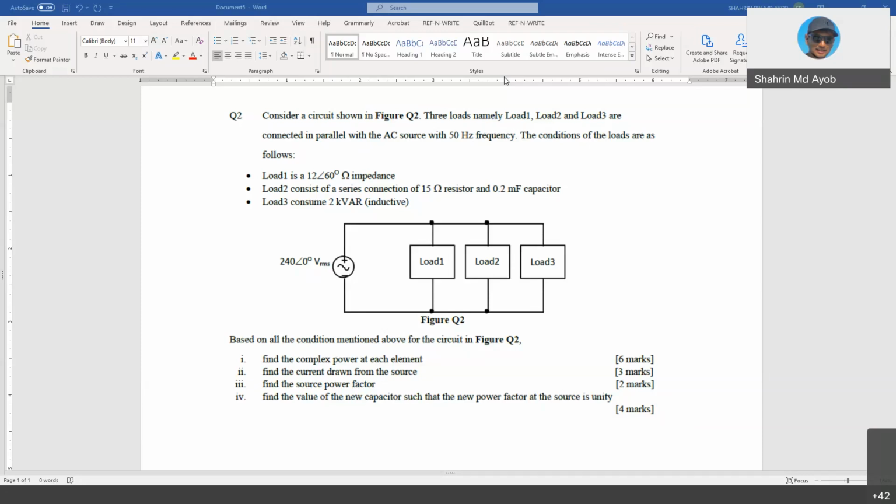Because when a topic has been assessed in the test, it will not be tested in your final exam. So meaning that the magnetic circuit will not be inside your final exam.